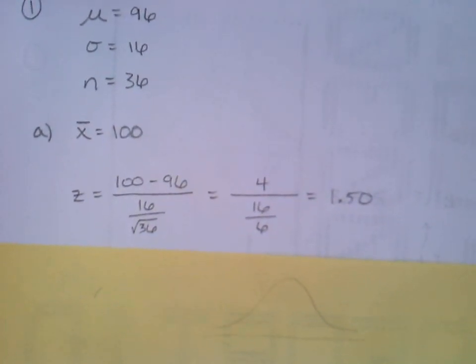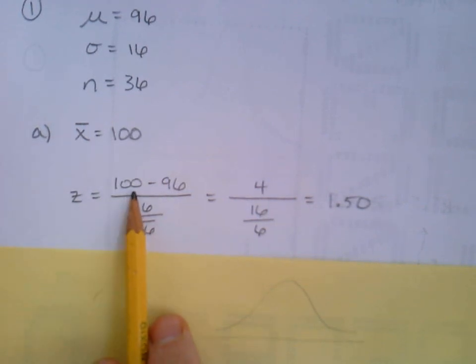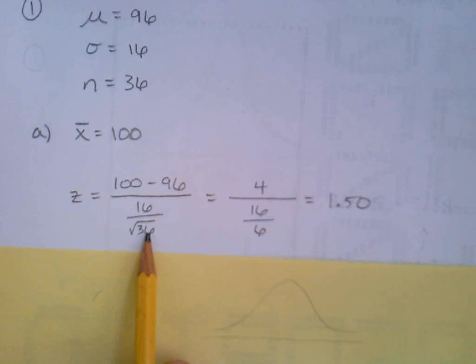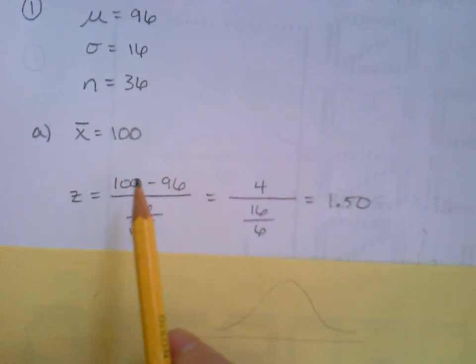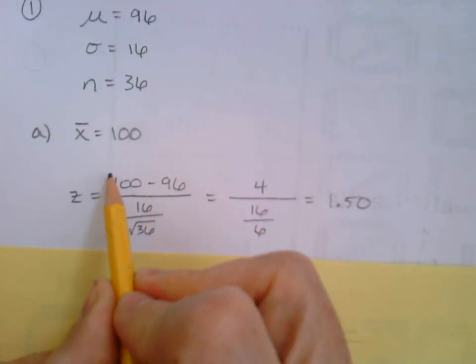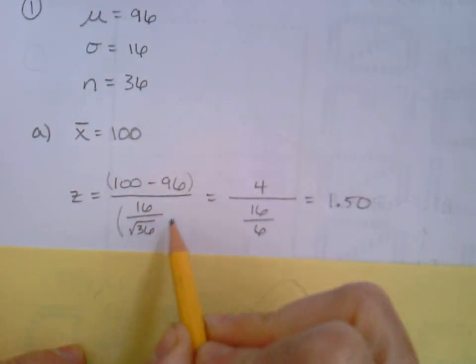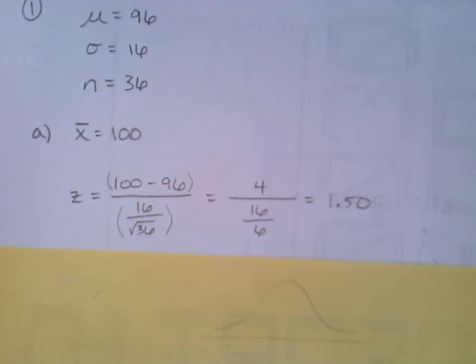I'm plugging in X bar minus mu over sigma divided by the square root of n. Be sure in your calculator that if you were to just go for it right here, which you certainly can, plugging all that in, be sure that you put parentheses around your numerator and your denominator.